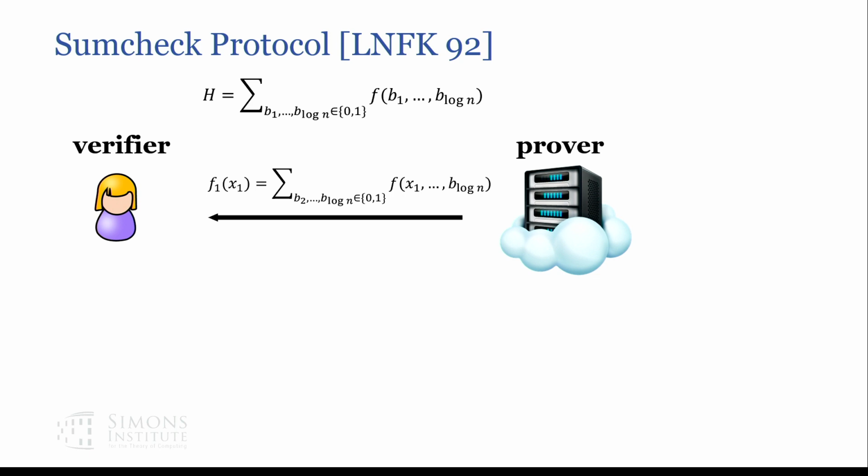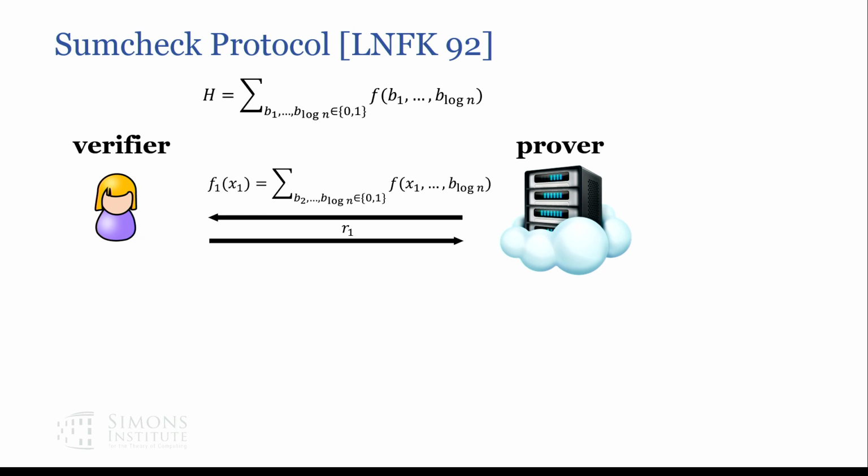And this equation is the formal definition of how to compute this univariate polynomial, but you don't have to remember it for the rest of the talk. But it's roughly summing up the Boolean hypercube with one less variable. So the sum is of half of the size. Okay? And with this univariate polynomial, the verifier is going to do some verification, checking consistency between this h and this univariate polynomial f1, x1, which I'm also going to omit on the slide.